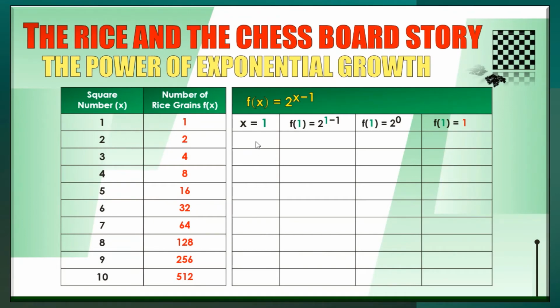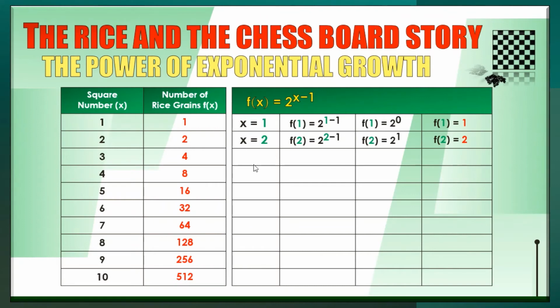On the second square, the value of our x is equal to 2. Substituting 2 to our formula, we have f of 2 is equal to 2 raised to 2 minus 1. 2 minus 1 is equal to 1, and 2 raised to 1 is equal to 2. Therefore, on the second square, we have 2 grains of rice.